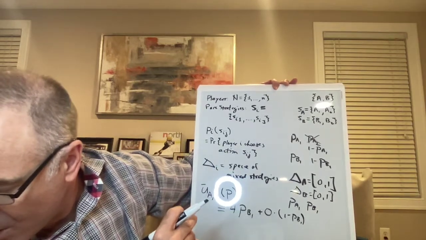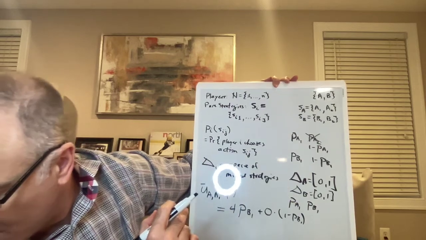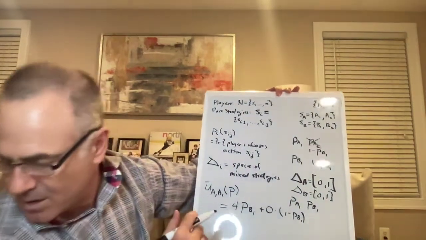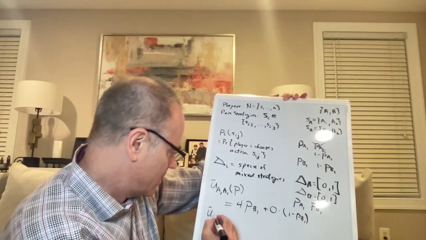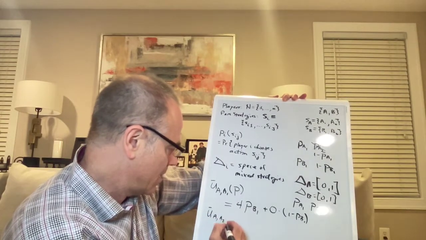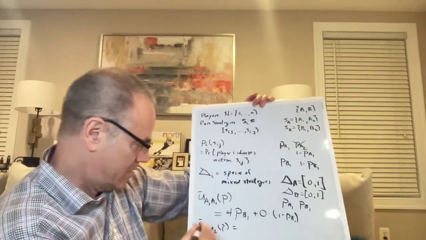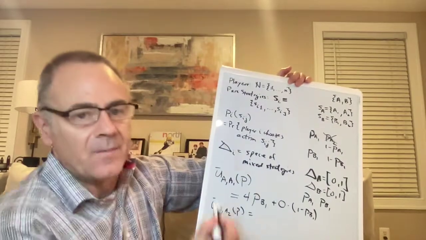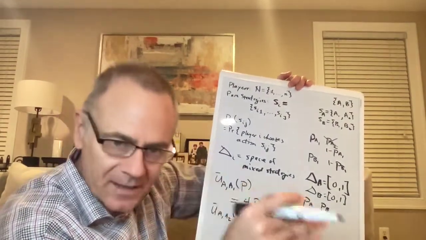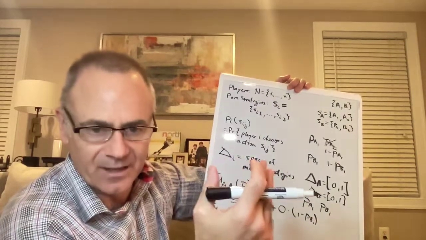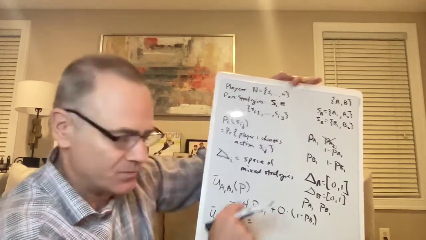Now, let's write U bar A2 of P. That equals, all right, this is defined to be A's expected seen utility if she plays A2.